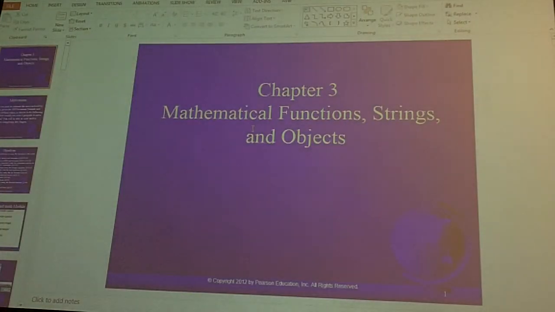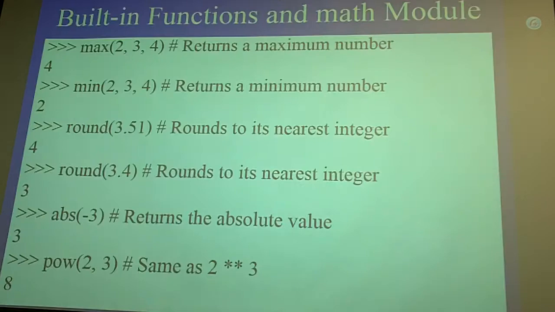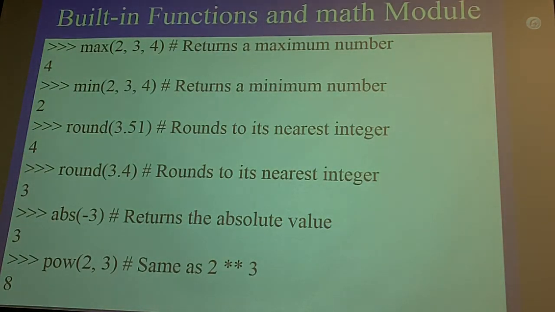And very quickly, chapter 3. It introduces all the math functions, and it also introduces strings, which is very important. We've been talking about strings already, so you are already familiar with the idea of strings and how to use them. So these are all math functions.